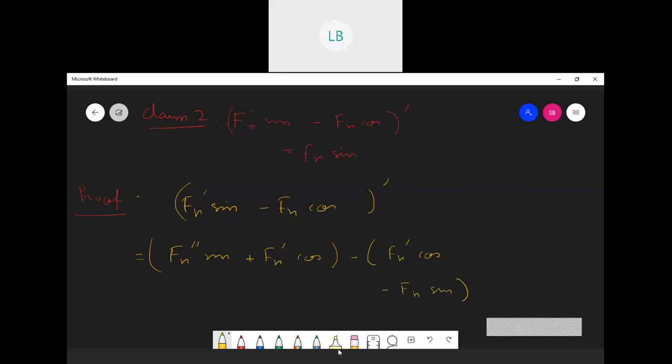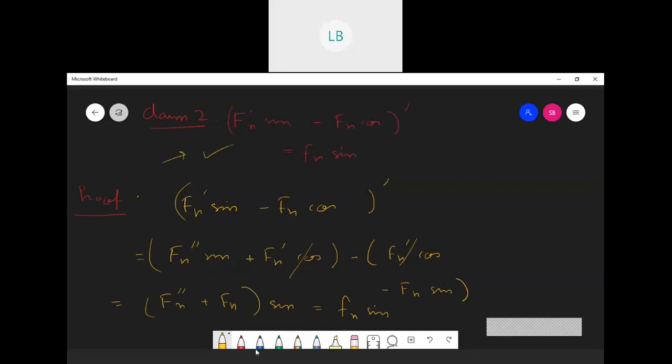This F_n' cos will be cancelled out, and it will give (F_n'' plus F_n) sin. Now we know from claim 1, F_n'' plus F_n will give you small f_n, so it is small f_n sin. So it's just mere computation, nothing else. So we have proved our claim 2, right?